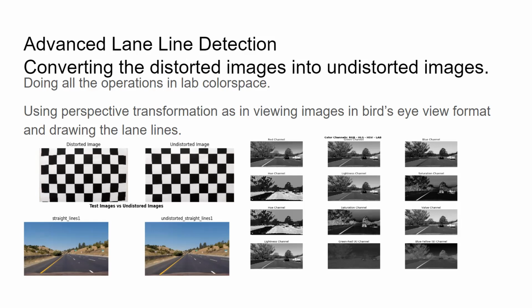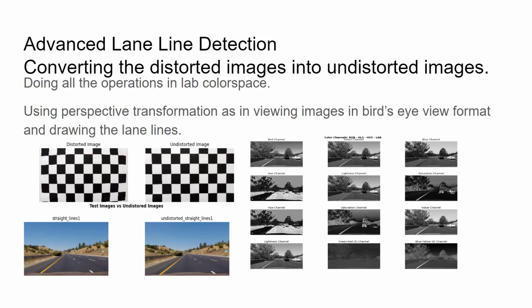And also in HSV, the gray component is very dominant. But in Lab, the L channel is better at detecting yellow and white lines. But Lab's A component is worst at it, and Lab's B channel is good at detecting the yellow line.